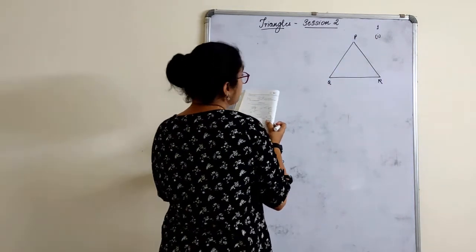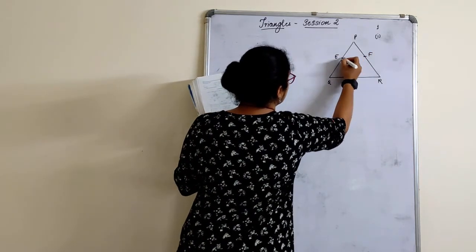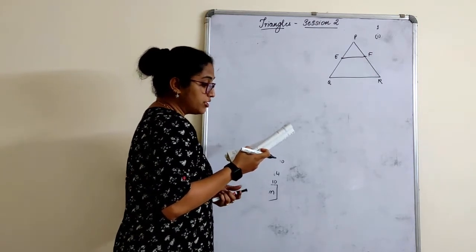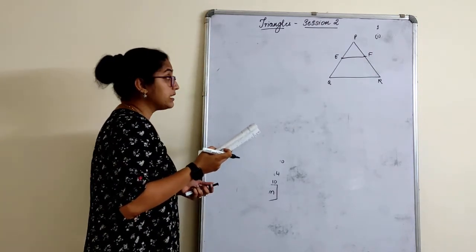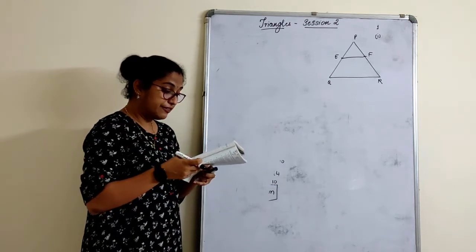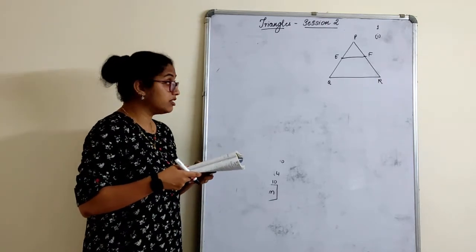E is on PQ and F is on PR. So we will join this. E and F are the points on the sides PQ and PR respectively of triangle PQR. For each of the following, state whether the given EF is parallel to QR. We need to find whether it is parallel to QR.